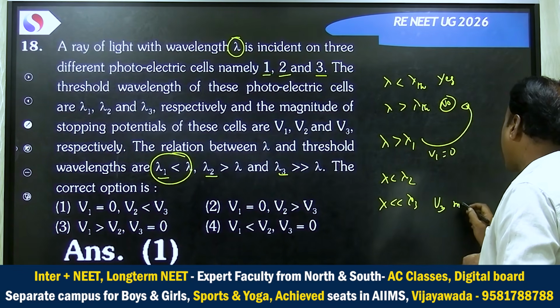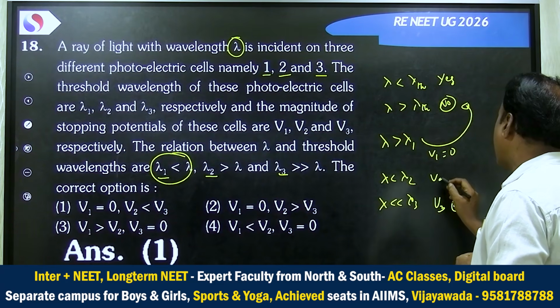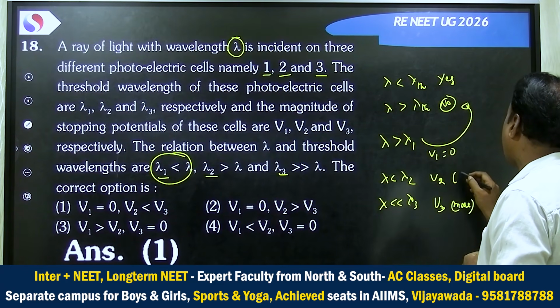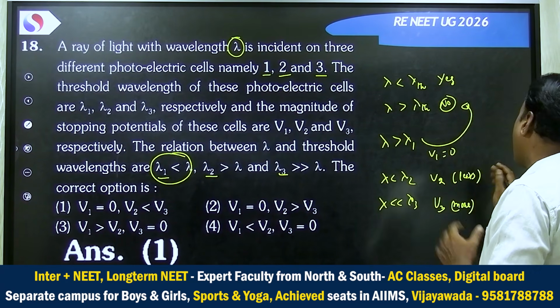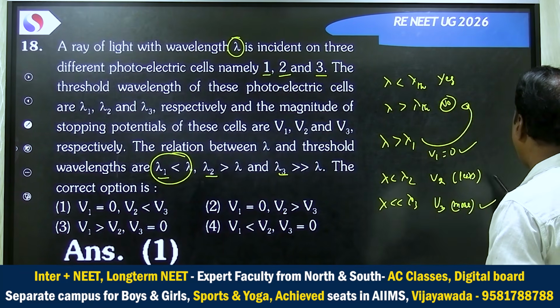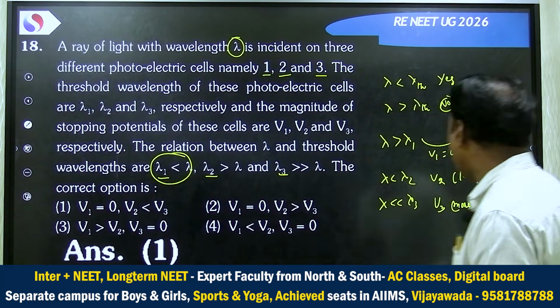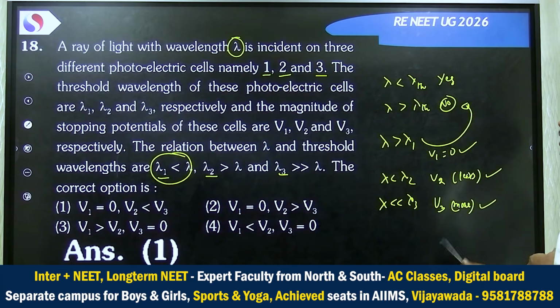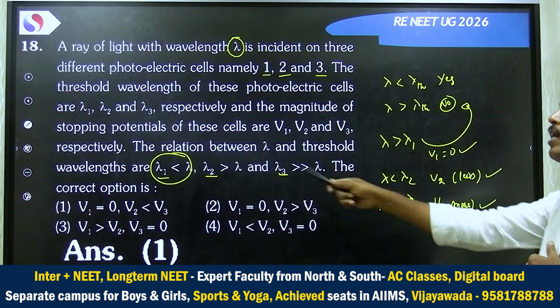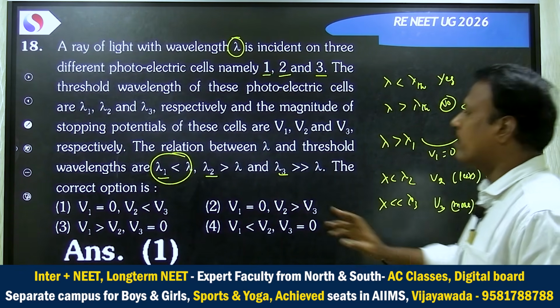That means V3 is highest of all. Here V2 is there, but when compared to V3, V2 is a little less. That's why 0, more and less. From this we can pick option number 1. Because of the relation between V2 and V3, it should be V2 less than V3 and V1 equal to 0. So it is also a very simple one.